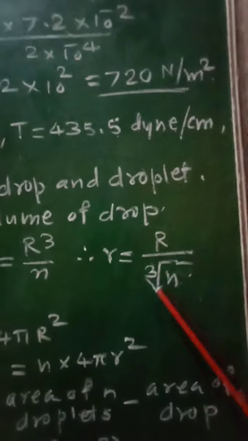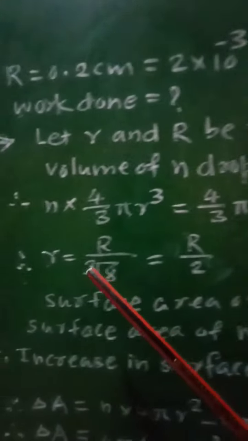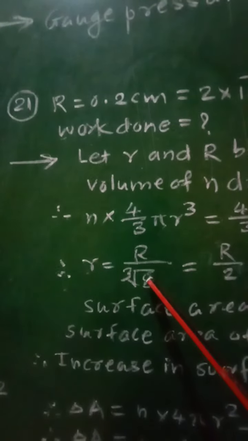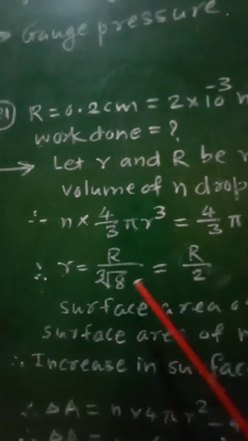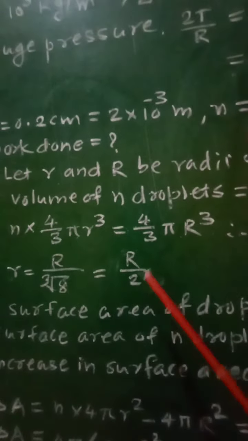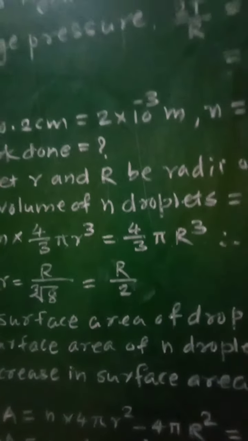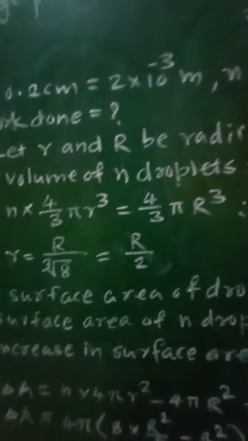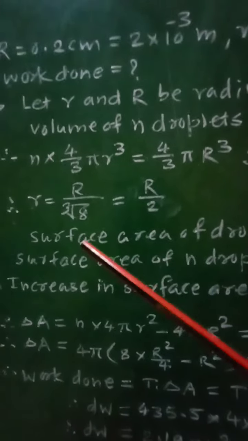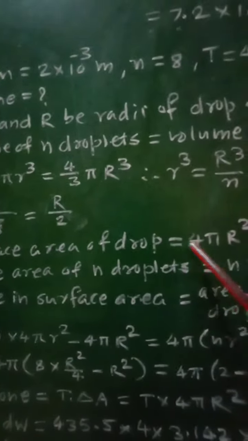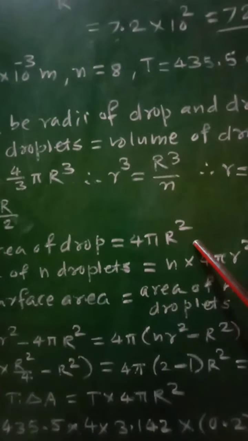R upon cube root of n, and therefore r will be equal to R upon, putting the value of small n as 8, cube root of 8, and that is equal to R by 2. Now surface area of the drop will be equal to 4 pi r square.